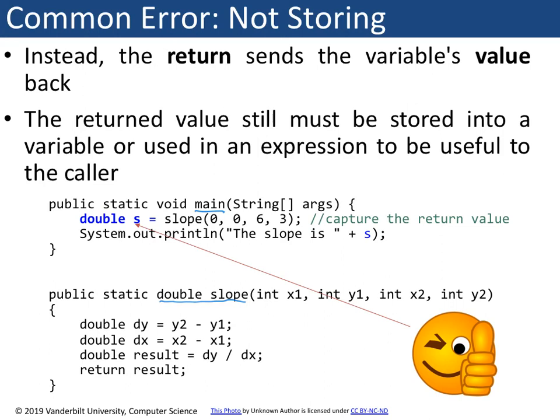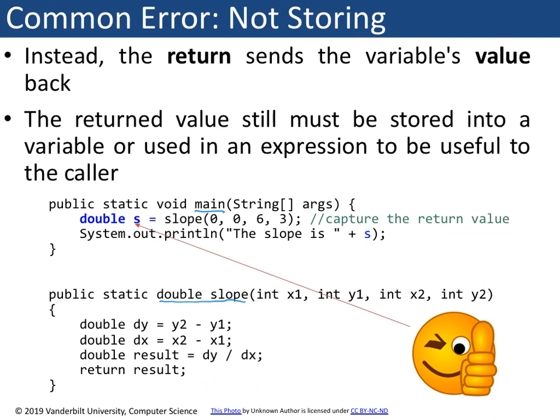Now, we talked about this in a previous lecture, but anytime you have a variable that is assigned a value, there's some expression to the right-hand side of the assignment operator. And we always evaluate the expression to the right of the assignment operator before we attempt to store anything into the variable.